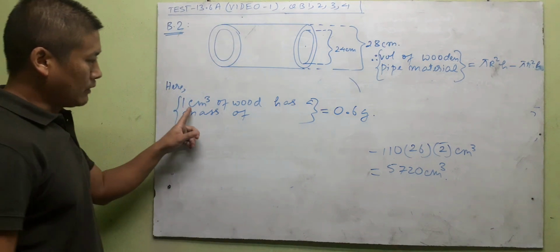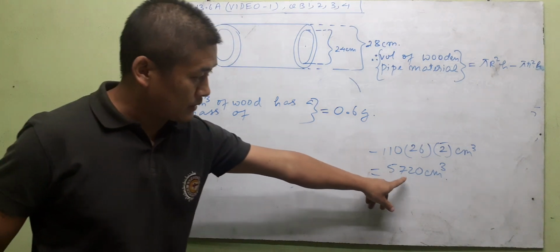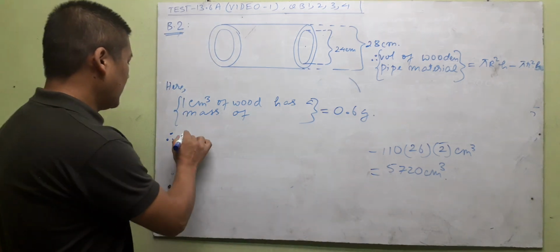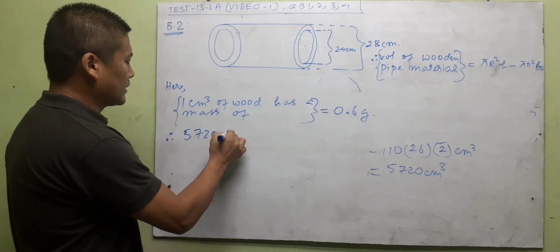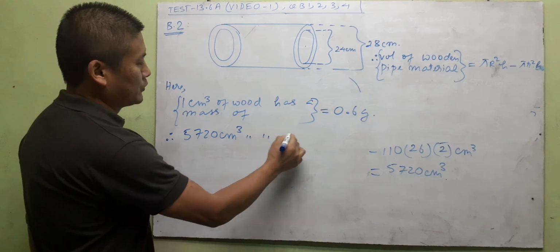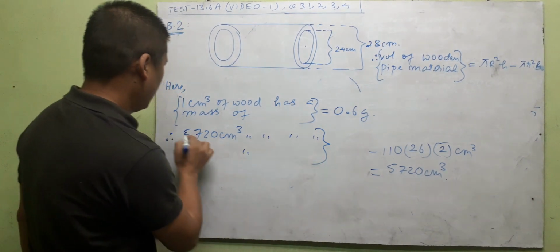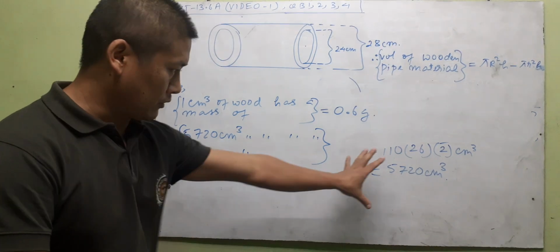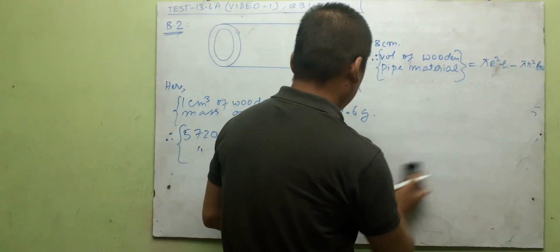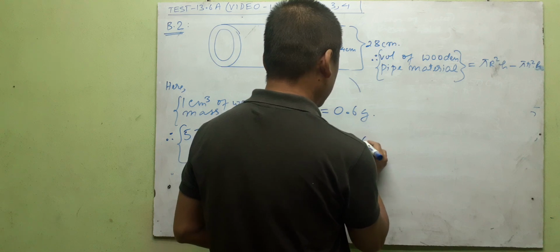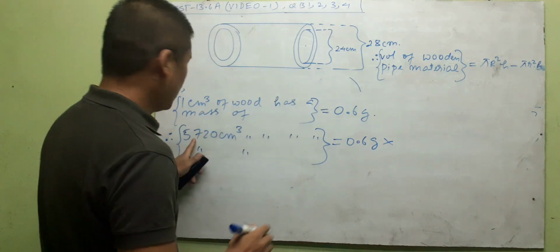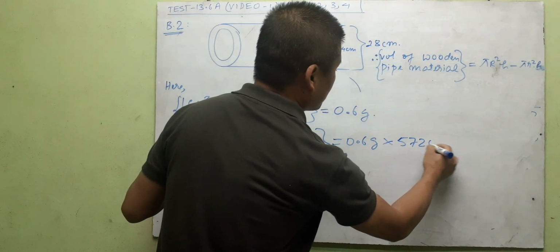Therefore, 1 centimeter cube mass is this much, and the total volume of the wood material we got here, 5720 centimeter cube of wood, has a mass that is going to be our answer. So that will be equal to 0.6 gram into this number 5720.